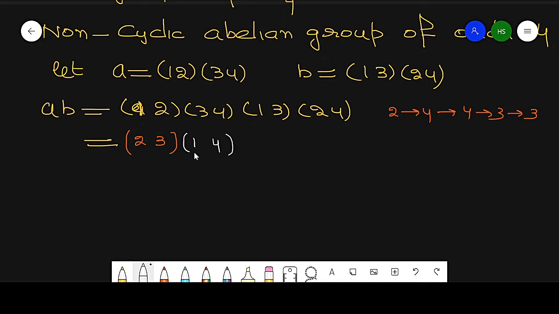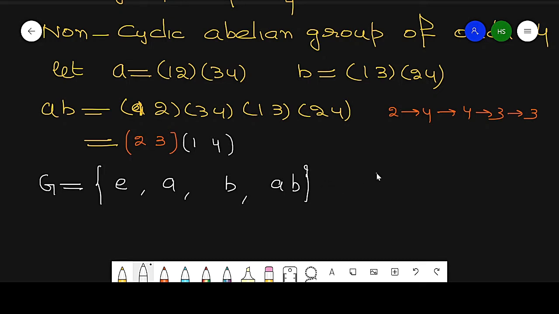So the product is (2 3)(1 4), that is (1 4)(2 3). So what we get is this group G, with elements E, A, B, and the next element AB. So this Klein 4 group is of this kind.